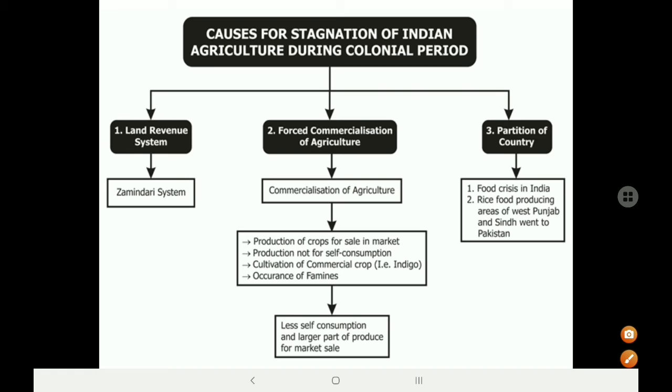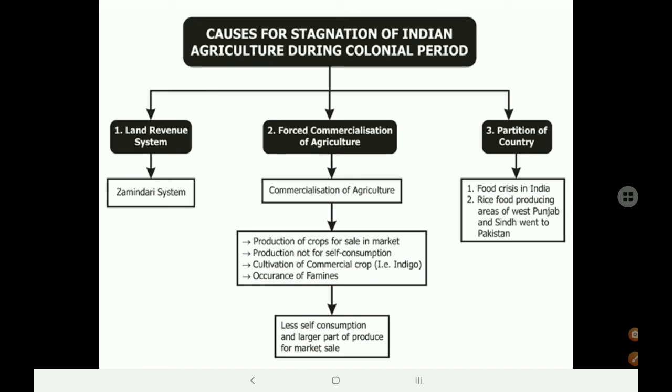Now the table shows us the causes which were responsible for stagnation of Indian agriculture during colonial period, which are number 1 land revenue system, number 2 forced commercialization of agriculture, which also resulted in famines.